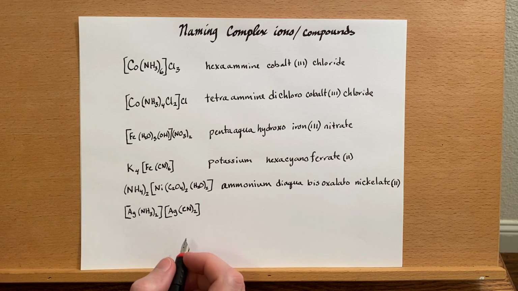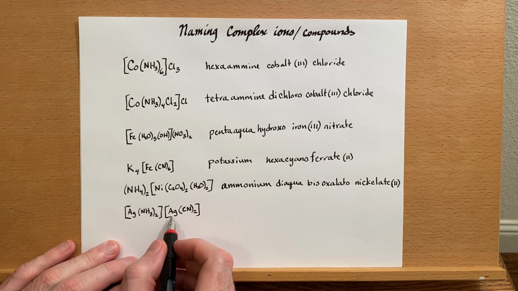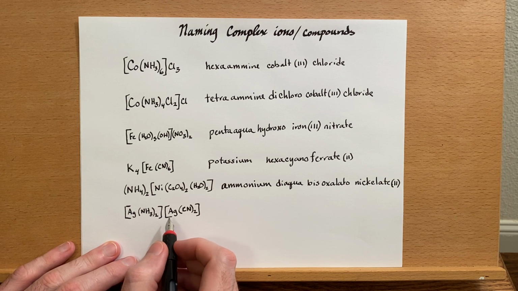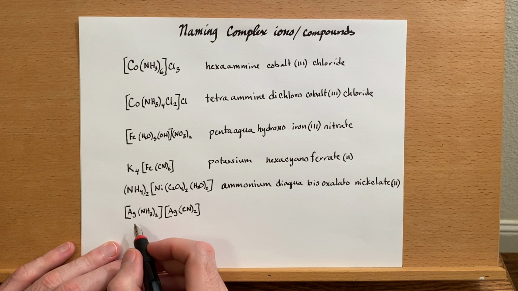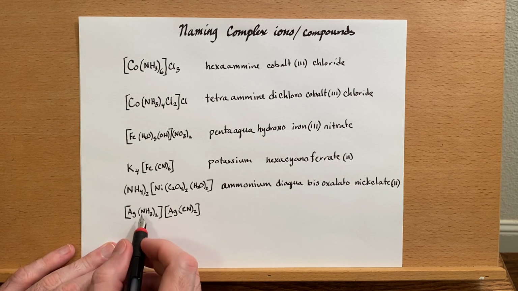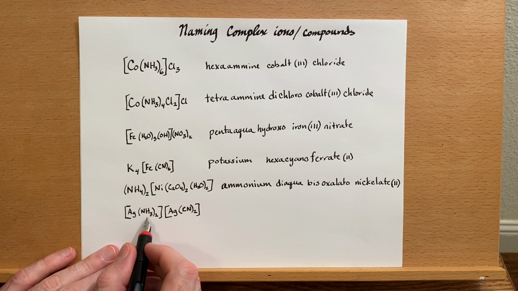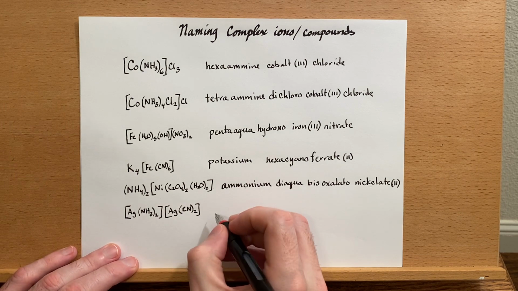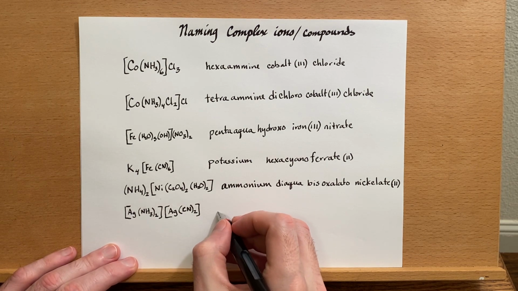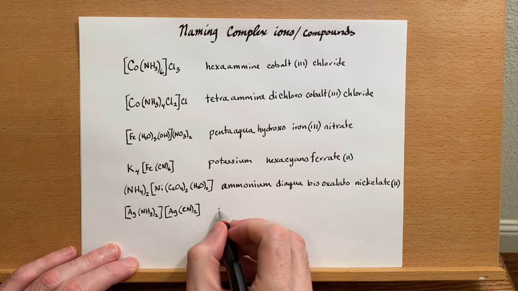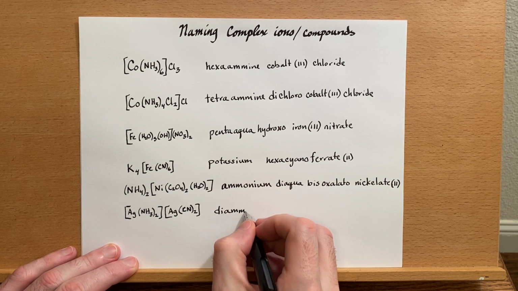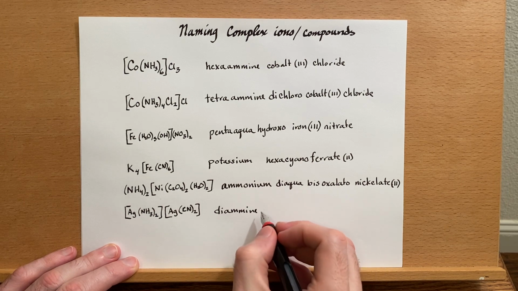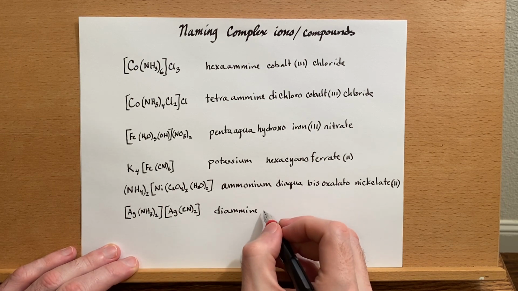And you'll notice that we'll have to change this to be an ate, because it's negatively charged. And over here, we won't have to do that. So this is a neutral ligand. So if we look here, we'll have diammine. And then silver(I).